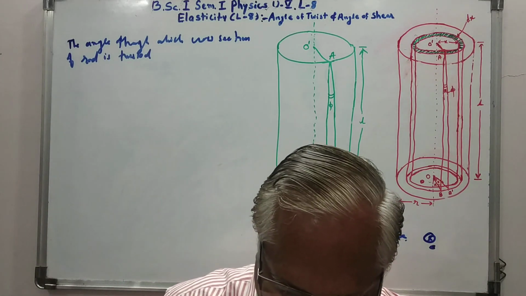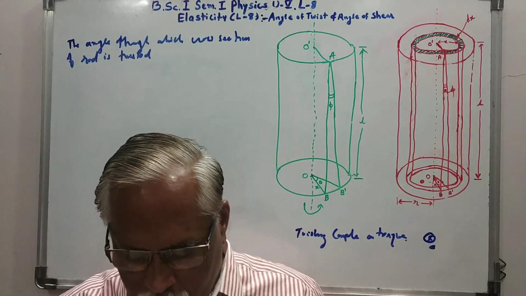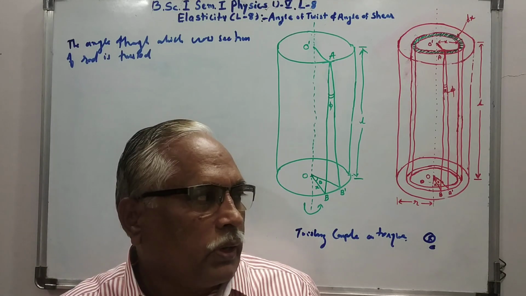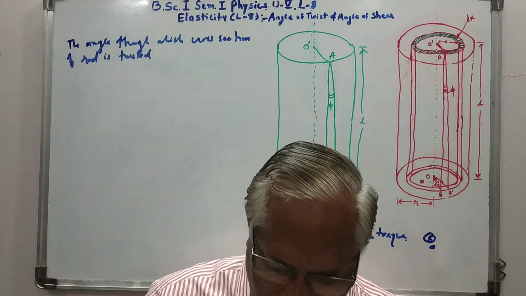It is denoted by theta of that particular cross section.